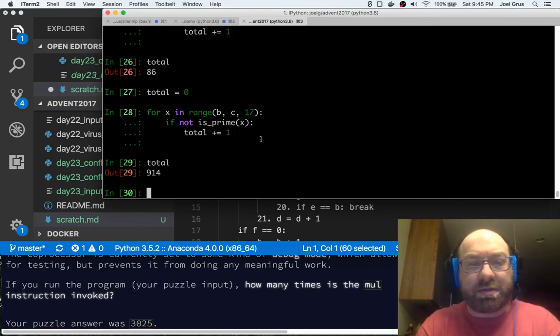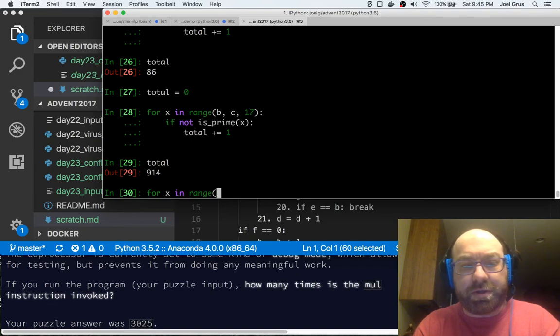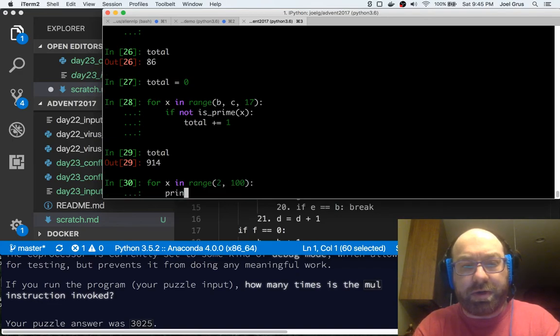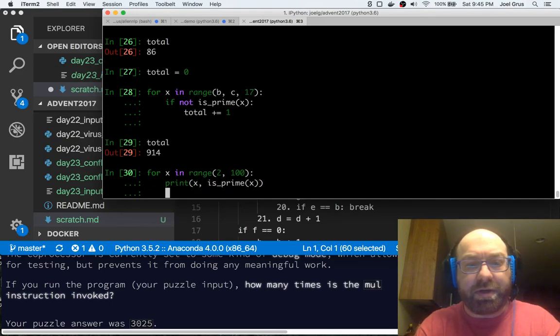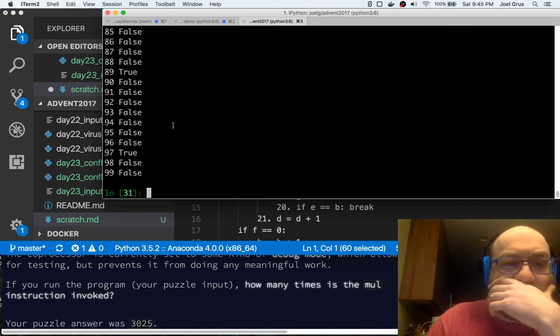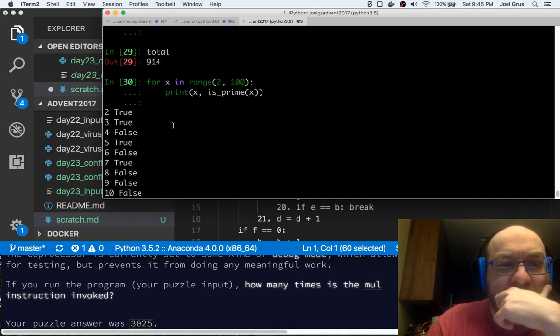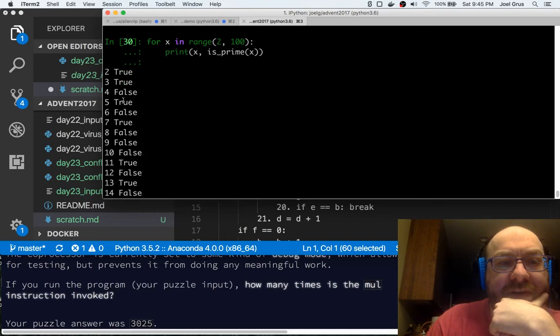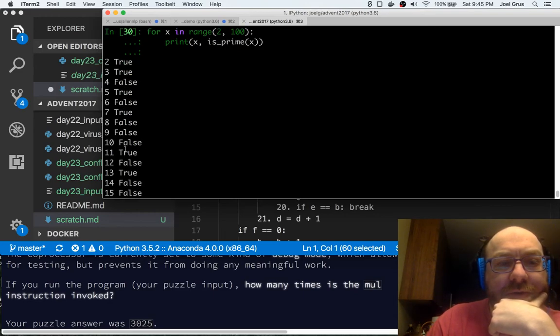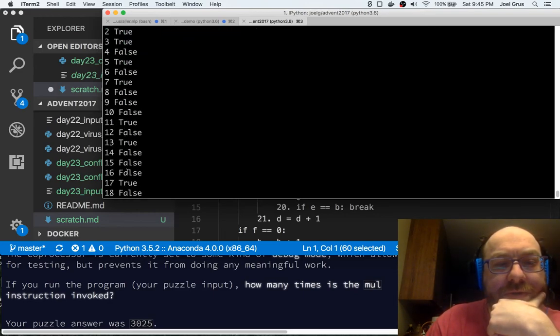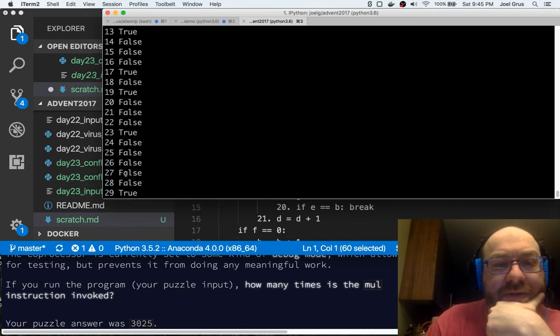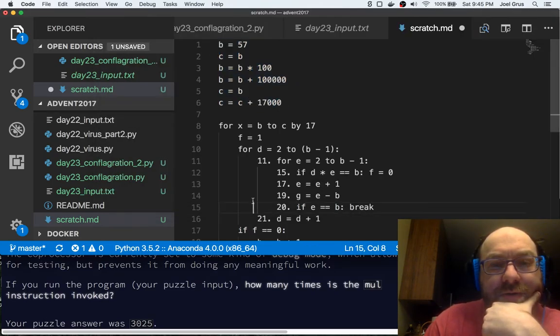So that seems right. For x in range 2 to 100, print x, is_prime(x). I wonder if there's a bug in this. Is prime function: 2, 3, 5 is true, 7 is true, 11 is true, 13 is true, 17, 19, 23, 29, 31. So that looks right.